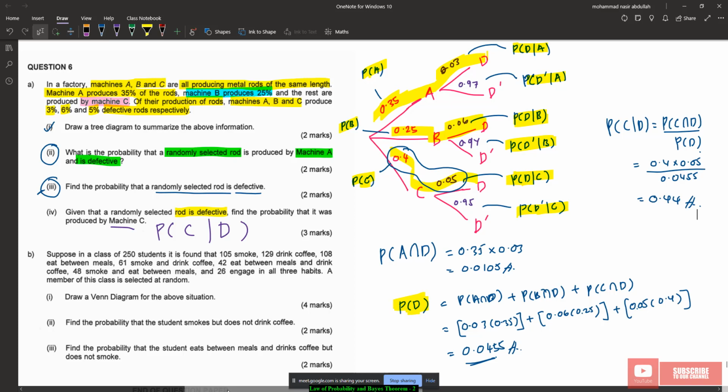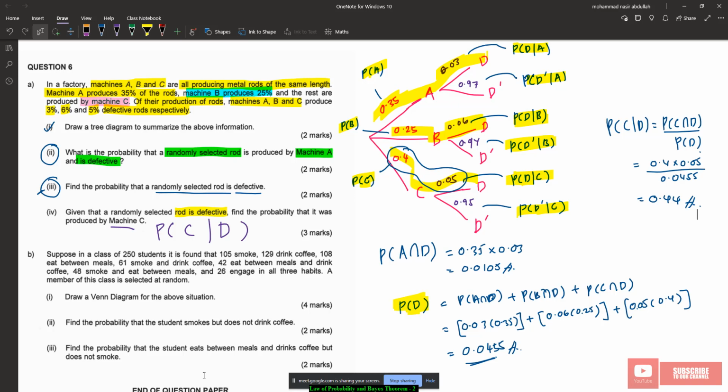Alright. So basically, today we already learned the rule of probability, the rule of addition, rule of multiplication, rule of complement. Rule of addition, we already know two types of addition rule, where A and B are mutually exclusive, or A and B are not mutually exclusive.